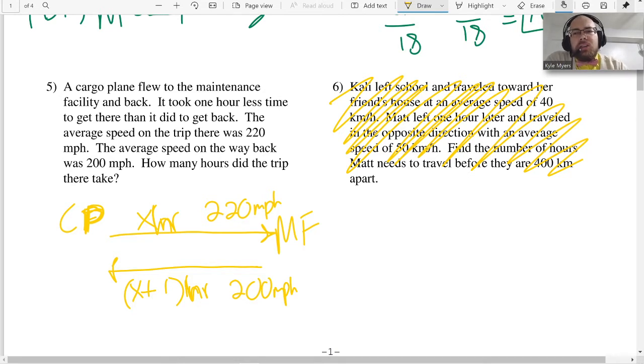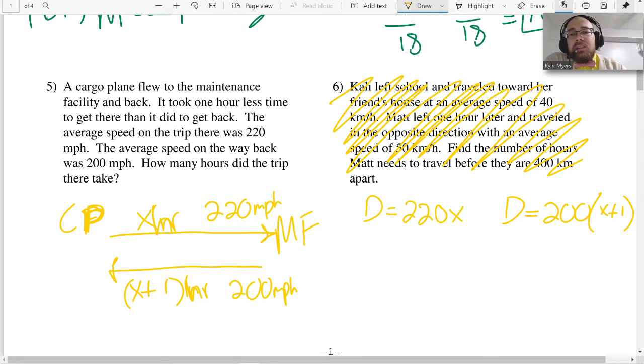You want to draw a picture, take some notes, focus on the numbers. What do the numbers mean? Where do the numbers go? And then set up your distance equations. Distance equals rate, 220, times time, x. Then distance equals rate, 200, times time, x plus 1.